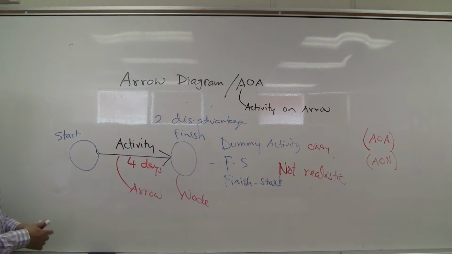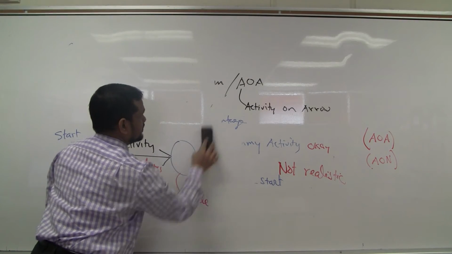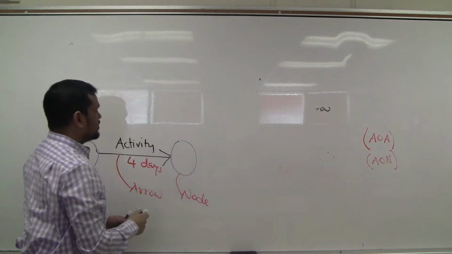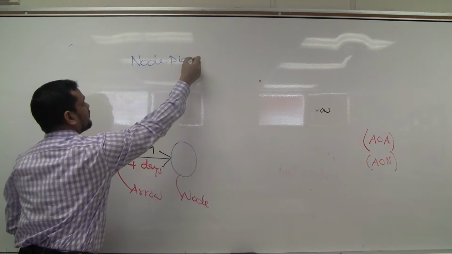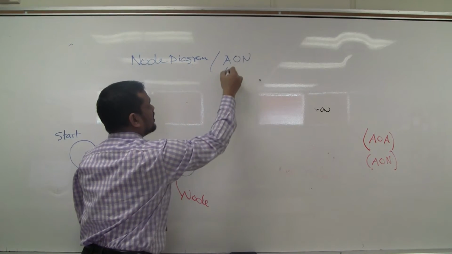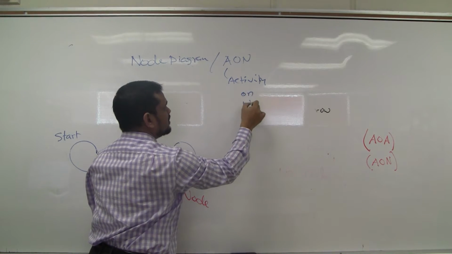Okay, what about the node diagram? So the node diagram, say, AON, activity on node.